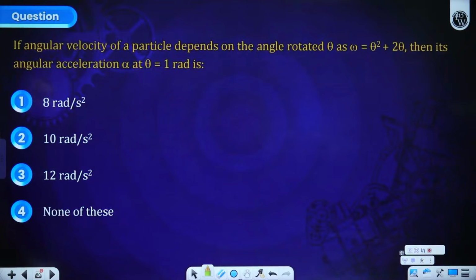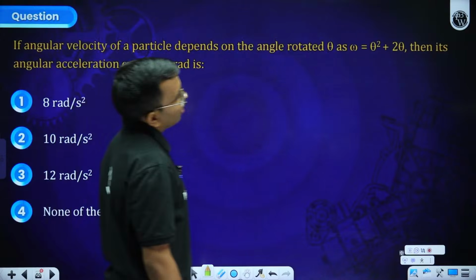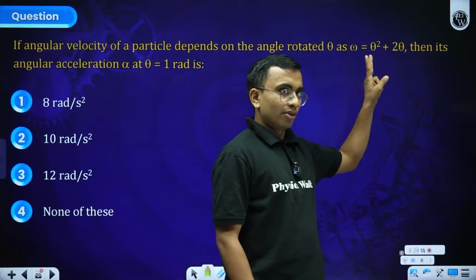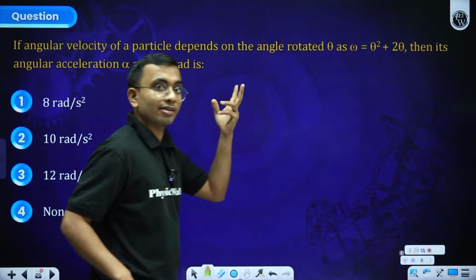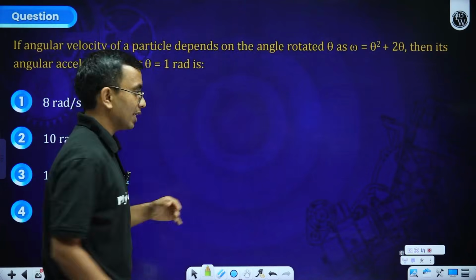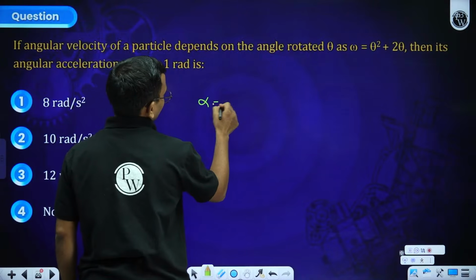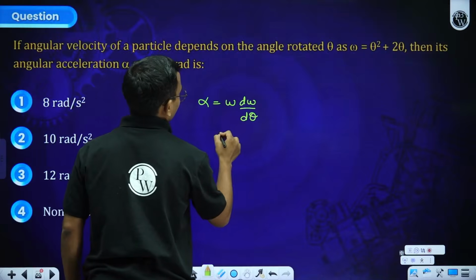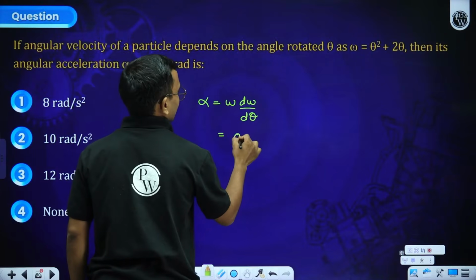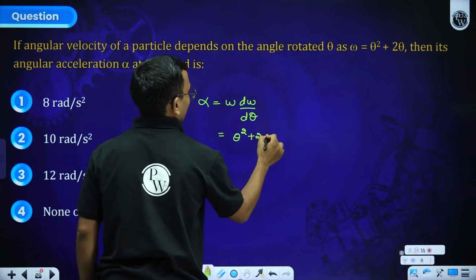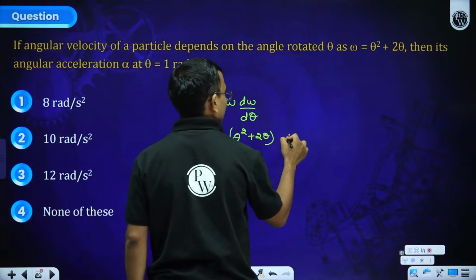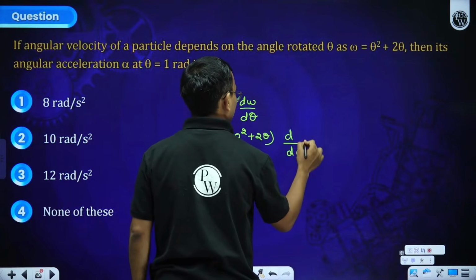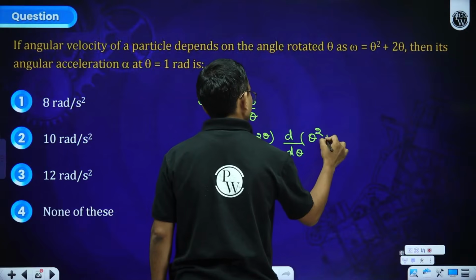Next, angular velocity of a particle depends upon theta like this, and the angular acceleration is needed. Omega and theta are there, time is not there. Theta is there, so use the relation with theta: alpha is equal to omega d omega by d theta. Omega is theta square plus 2 theta, so d by d theta of theta square plus 2 theta.